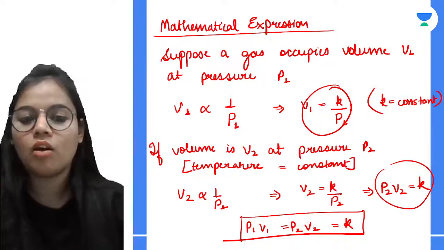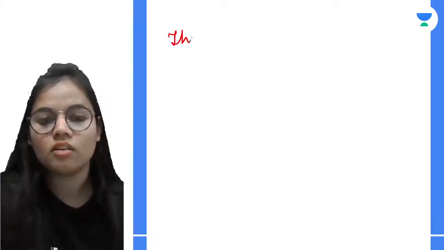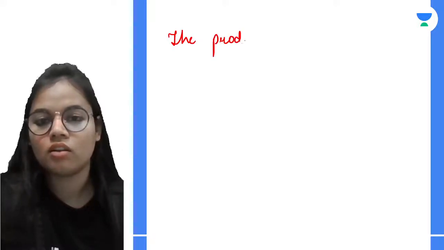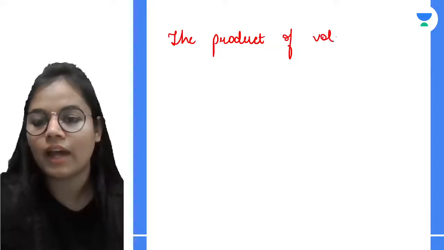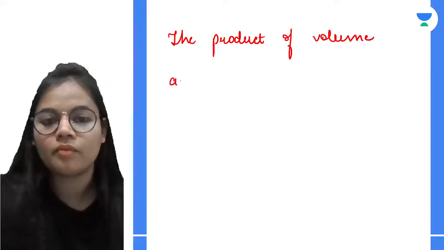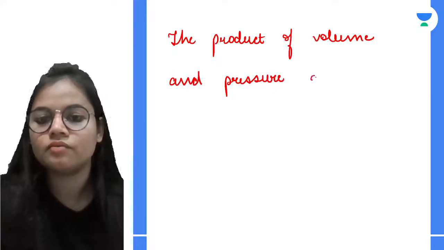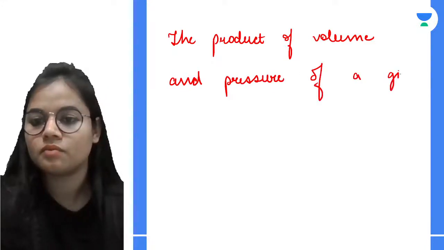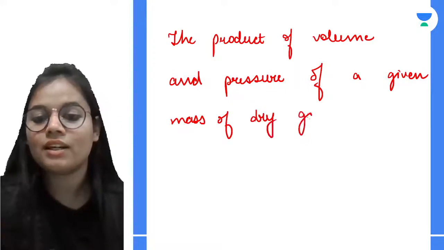Now what is the second statement that we can derive out of Boyle's law? That the product of volume and pressure of a gas, now what's the condition?